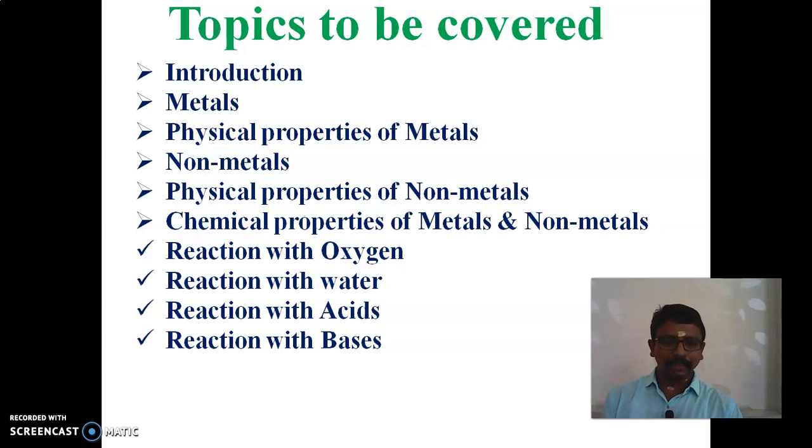In an acid, when we add water, it releases hydrogen ions, that is H plus ions. In bases, when we add water, it releases hydroxide ions, that is OH minus ions. The taste of an acid is sour. Now the taste of a base is bitter.